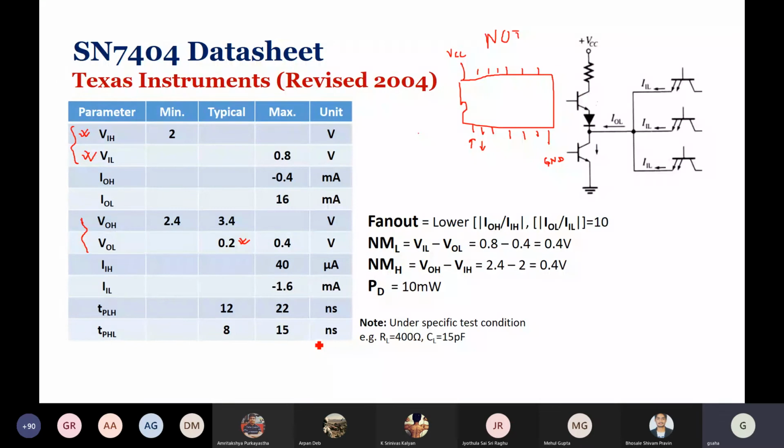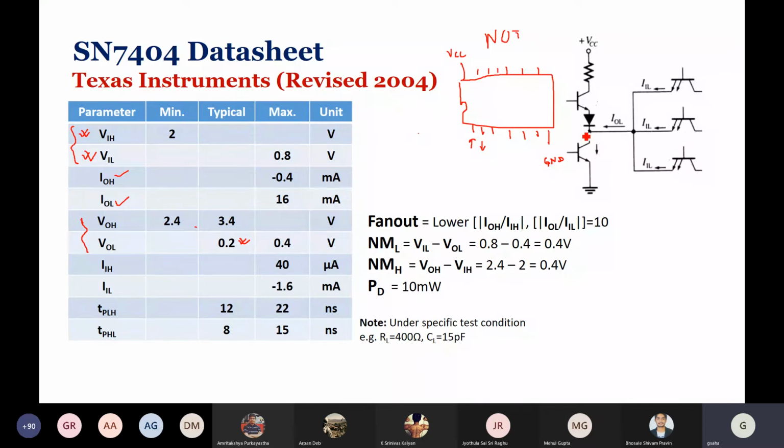Okay. In addition to this, you will see a few more terms in the sheet: IOH and IOL. So IOL, I have shown here in the diagram.